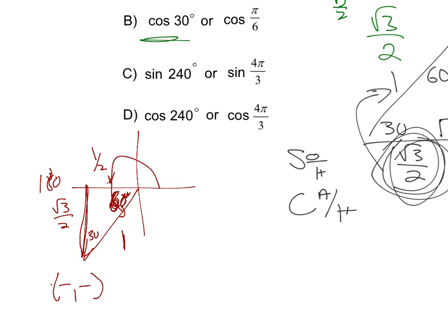So the sine is going to be opposite over 1. So the sine is just going to be square root of 3 over 2. Cosine is just going to be 1/2. All right, cosine is always going to be your left and right value because that's always your adjacent side. Always your adjacent side is going to be what the x value is. So that's going to be 60 degrees.